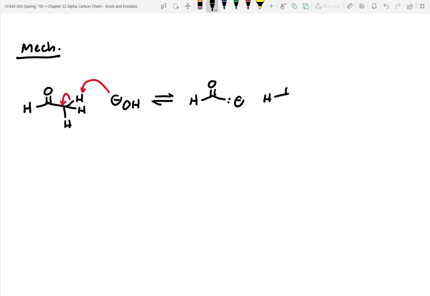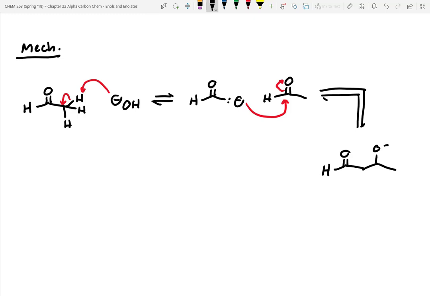That enolate can react with our unreacted aldehyde in solution, kick up electrons. You end up with your negative charge. And during this step, water can act as a proton donor.